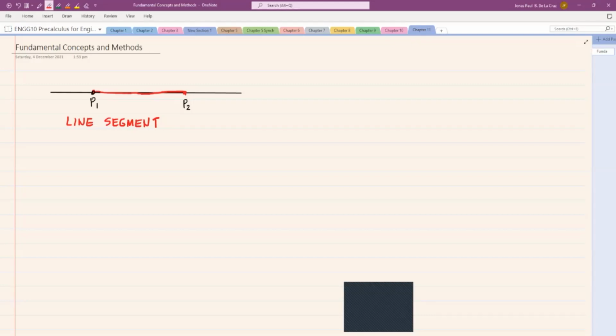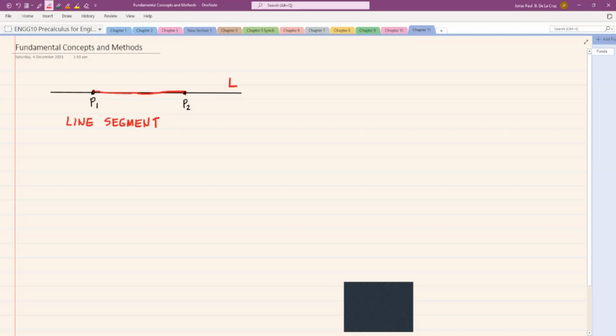Okay? So, a directed line. A directed line is a line on which a direction has been designated. So, itong example natin na ito na line, we call it the line L. Walang direction, hindi natin alam ang direction. But if we want to designate a direction sa line na to, we can do it by including an arrowhead.